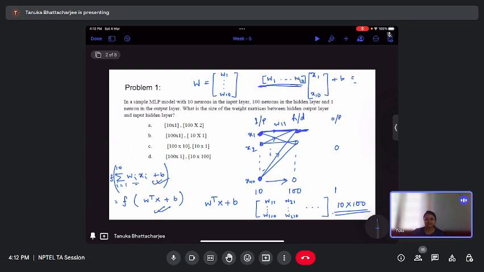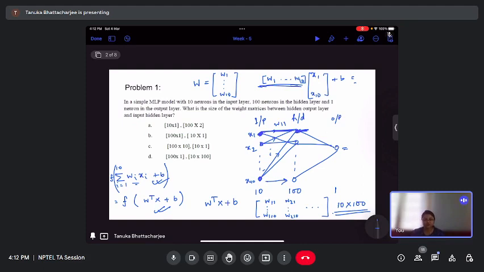Now, from the hidden layer to the output layer, in the output layer you have just one neuron. All of your hidden layer neurons are connected to your output layer neuron through some weights.